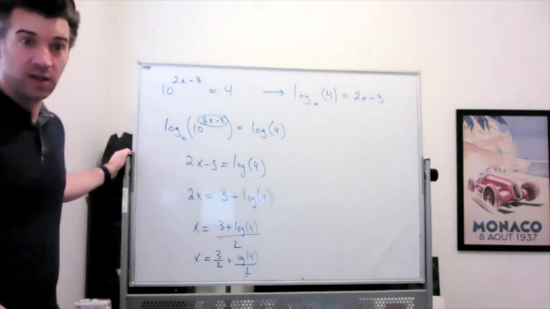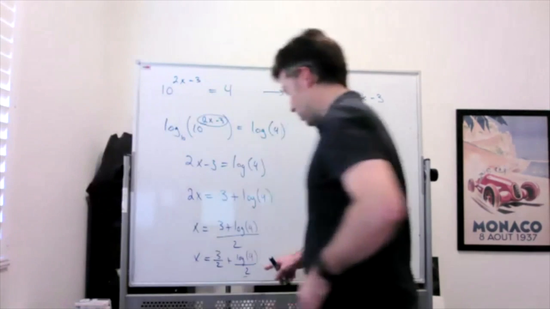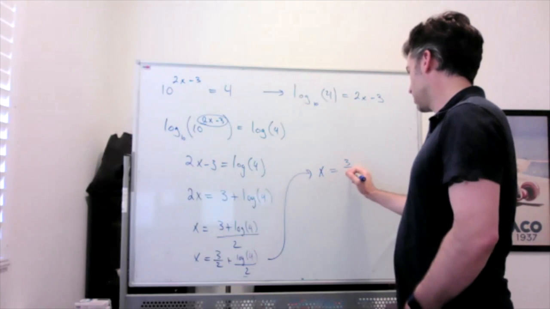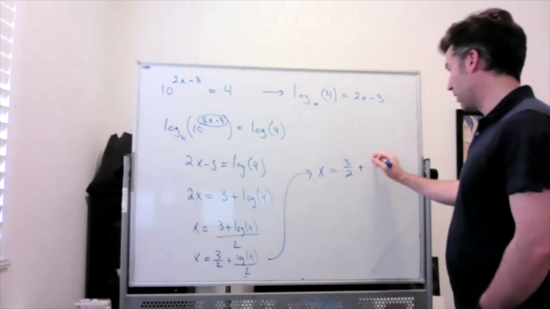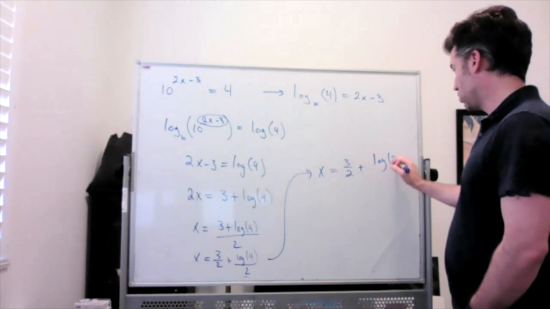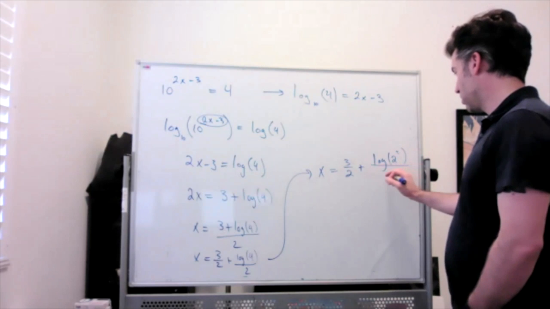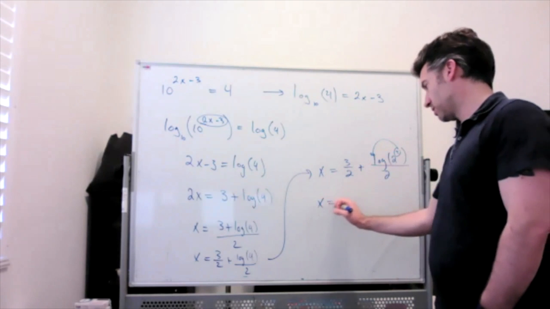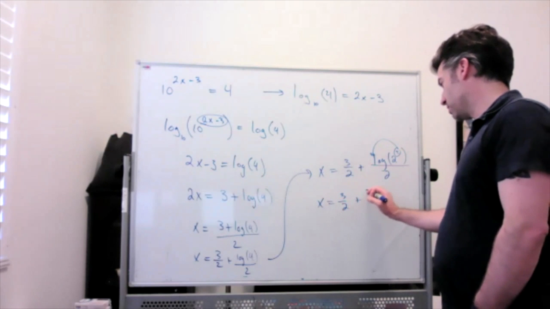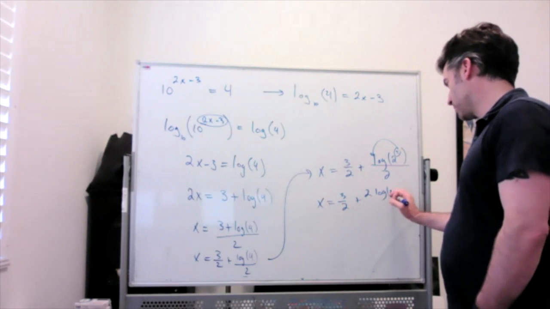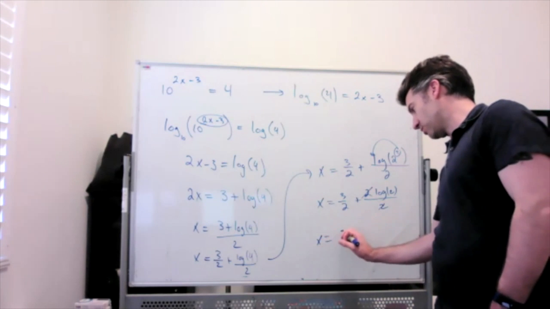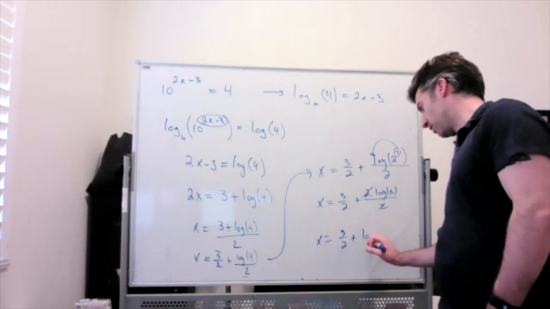And then actually, if you really wanted to, you could rewrite log of 4 as log of 2 squared over 2. And then you can bring that power down in front and say x equals 3 halves plus 2 log of 2 over 2. And then those 2's cancel, and you get x equal to 3 halves plus log of 2.